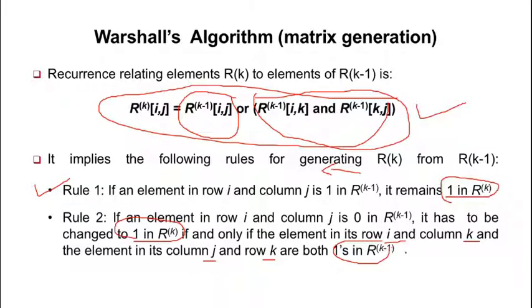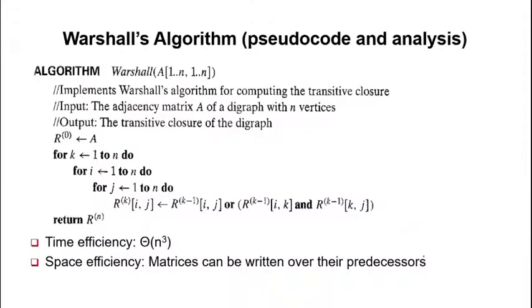So if it is 1, we maintain 1. If it is 0, we look again and we may change the value 0 to 1.